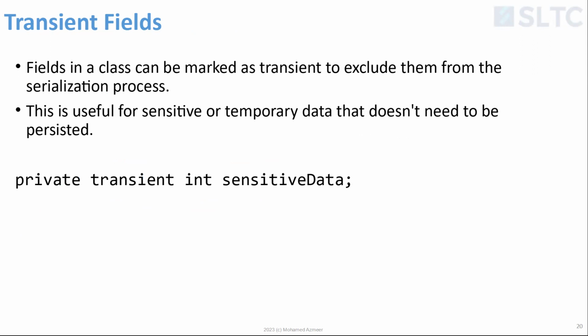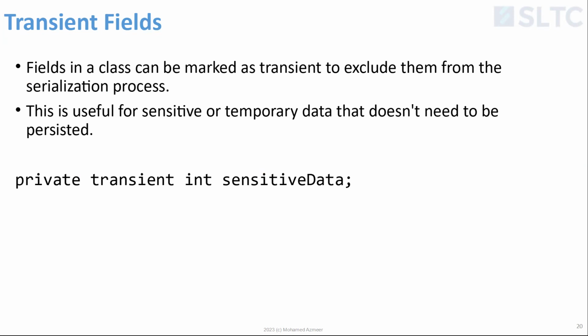Now, sometimes your object might have information like secret information, say a password or credit card information and things like that, which you don't want to store in the serializable file, for some reason. In that case, you can put this word called transient in front of the variable definition, and that will not be stored in the hard disk.